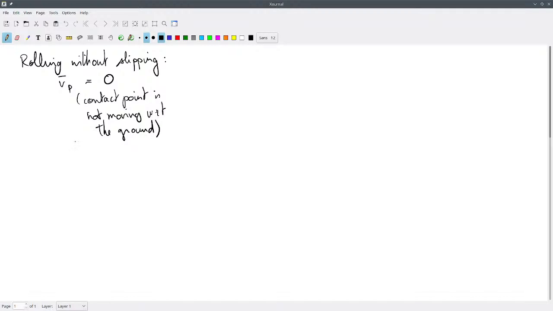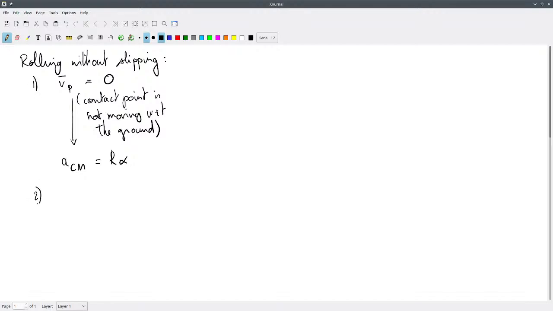And from that, we then derived that there's a connection between the center of mass acceleration and the angular acceleration. So that's one thing we did for rolling without slipping.